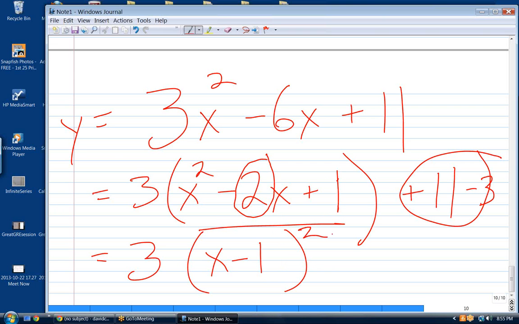And then that's squared plus 8. The whole point of completing the square is so that you can write it as x minus something squared, which is vertex form.